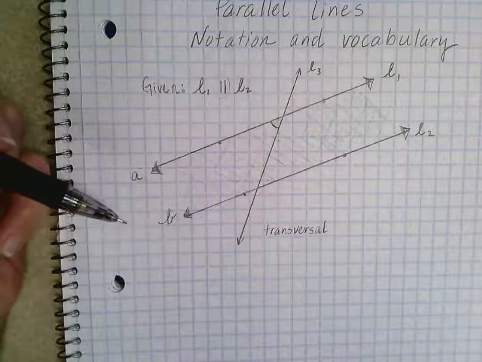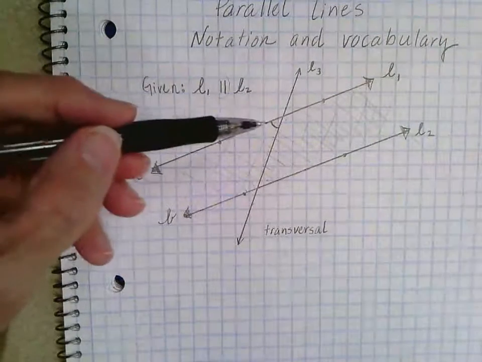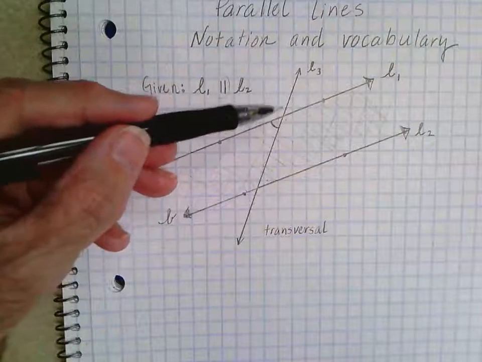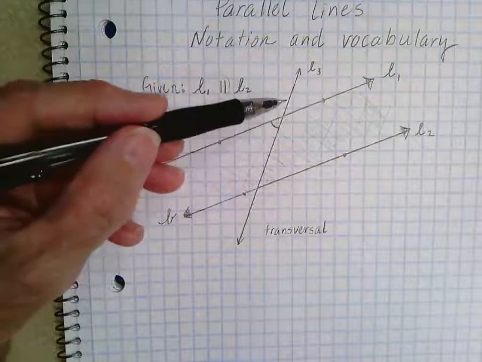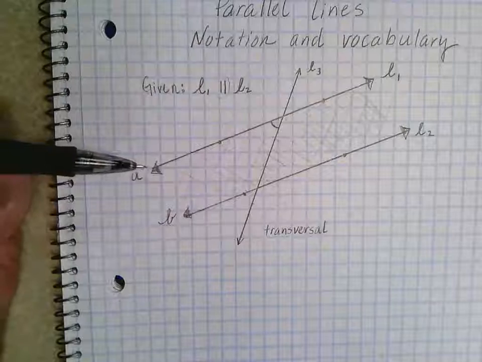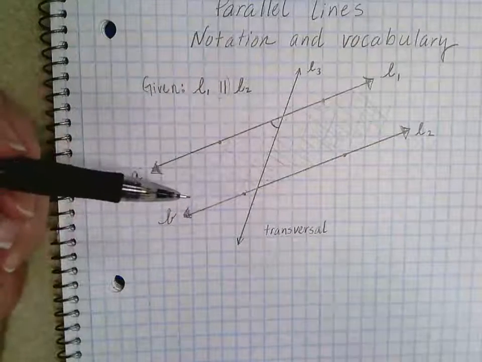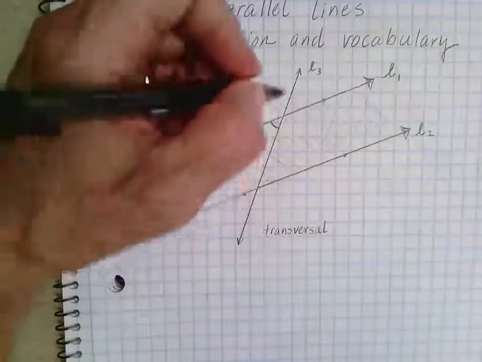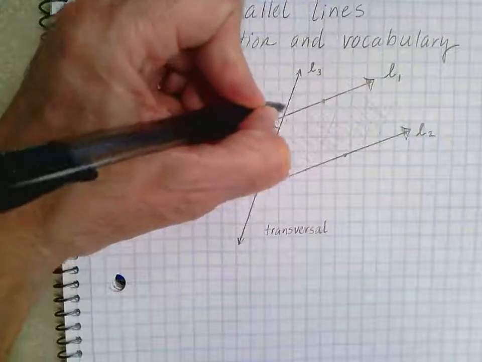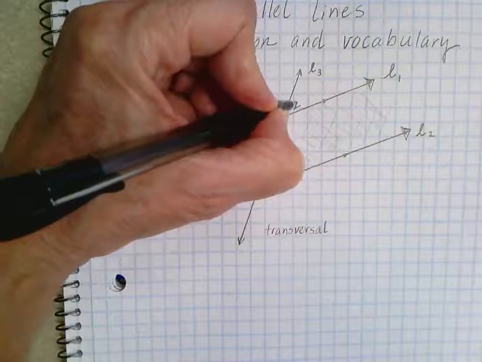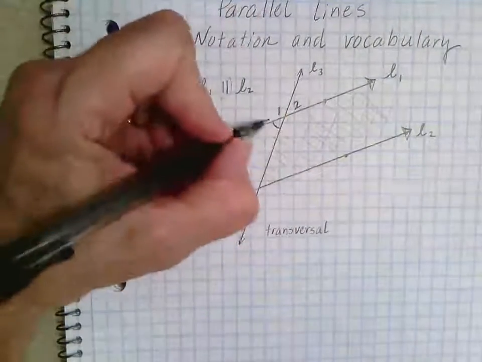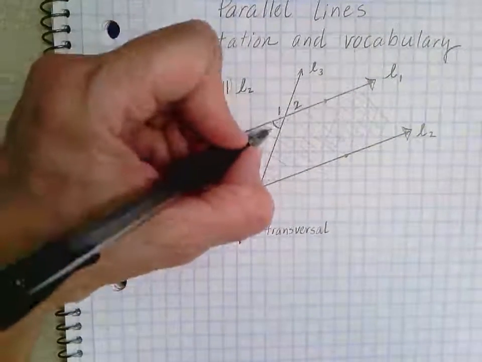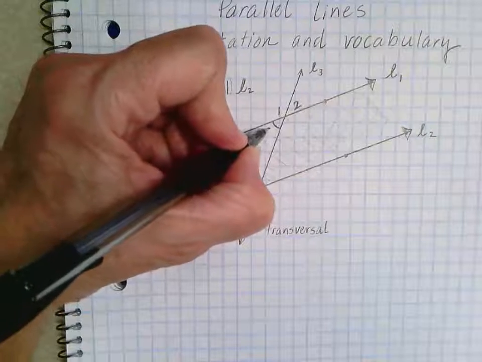The final thing I want to talk about is how these angles are referred to. In the work that you're going to be doing today, the angles are going to be numbered, and the order of the number does not really matter. This can be angle 1, this can be angle 2. Then the person who created the activity could come down here.